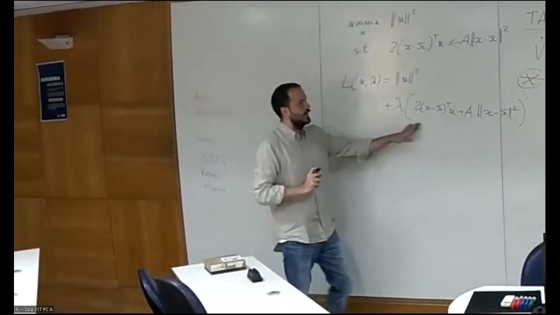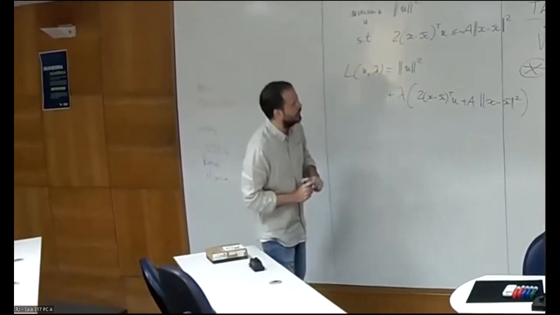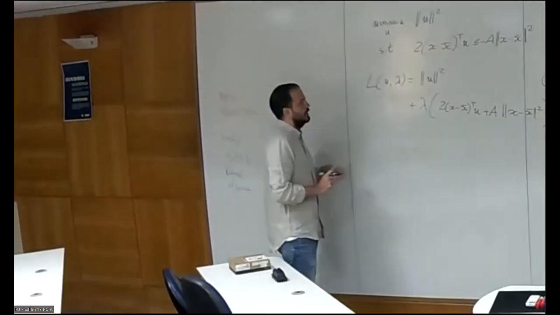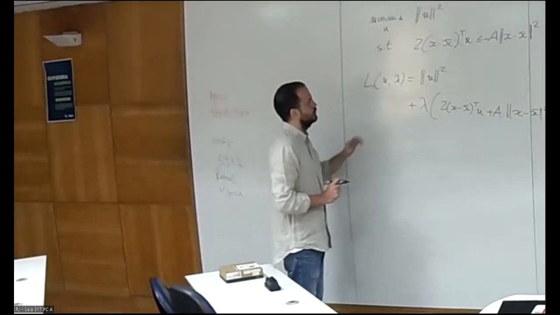So this, which has to be less than or equal to 0, is our constraint function that we use to build the Lagrangian.